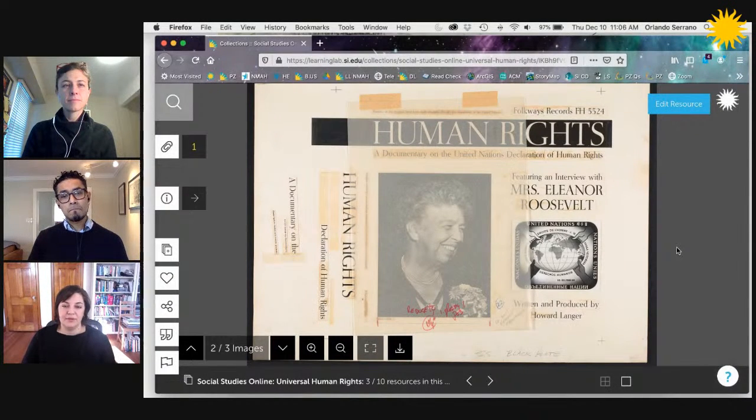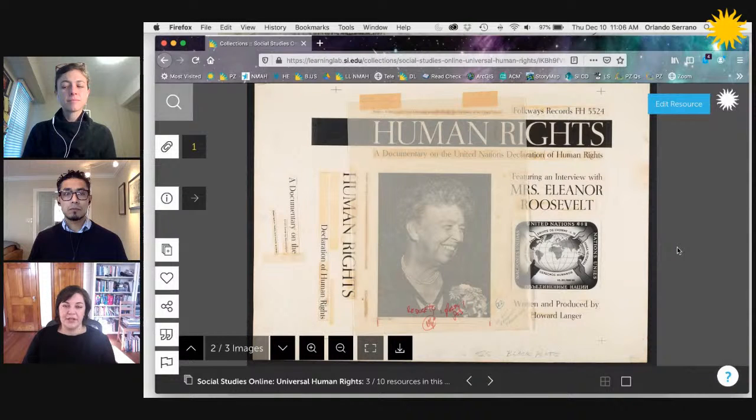Many of the rights set out in the Universal Declaration, which was the first statement on human rights, were based on the United States Bill of Rights. So there was an American influence that came in here.